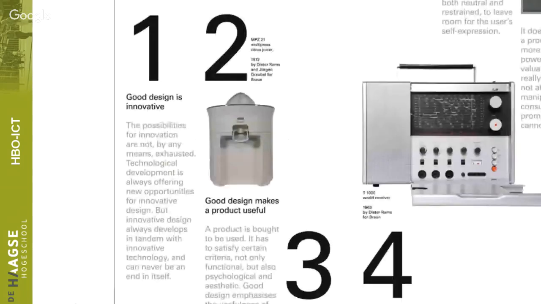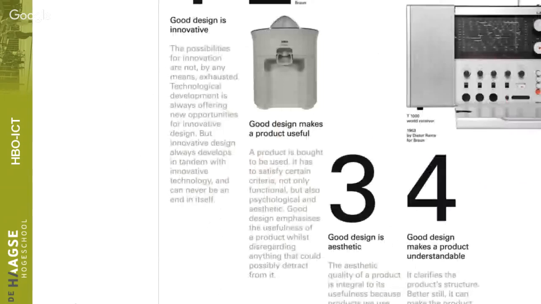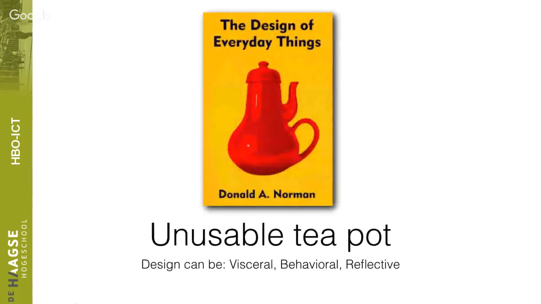Let's see. So good design makes a product useful, and you would think that this is obvious, but actually, one of the famous researchers, experts about usability engineering, Donald Norman, wrote a book, and in that book he says that there are 3 reasons why we actually buy products, and that products can be designed to be, let's see, visceral, behavioral, or reflective.